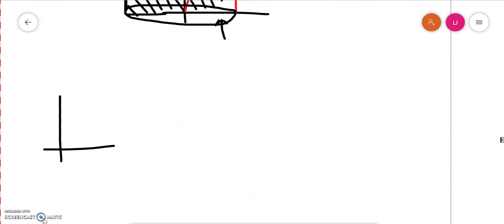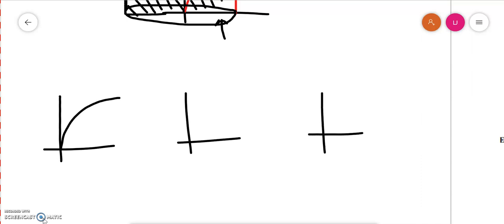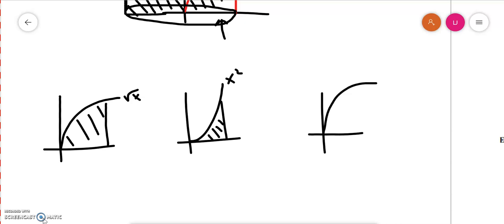If we have, remember from our lessons, let's say we had, sorry, not x squared, square root of x. And then we had x squared and we wanted this area. And then we wanted the area between them. So we had that and this.